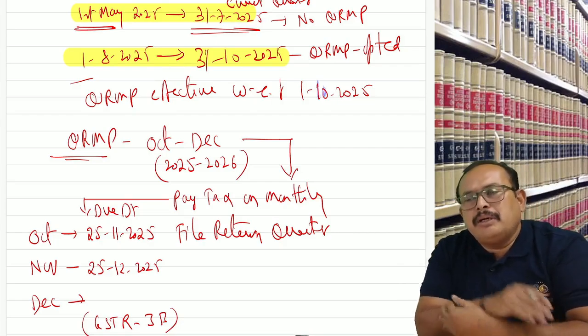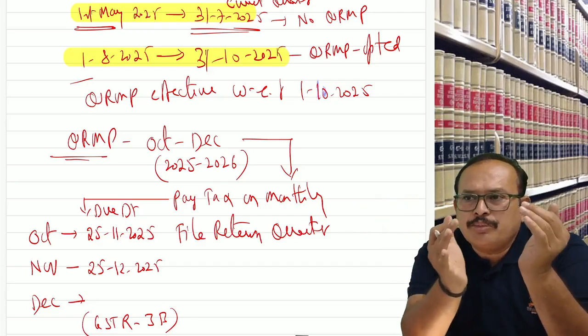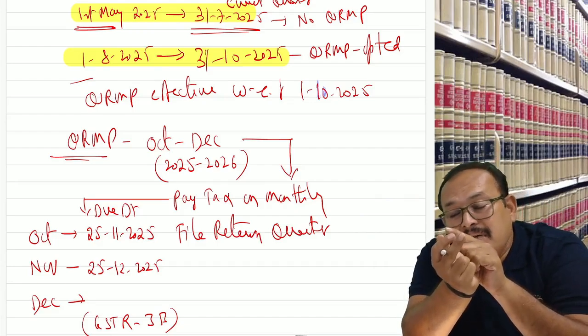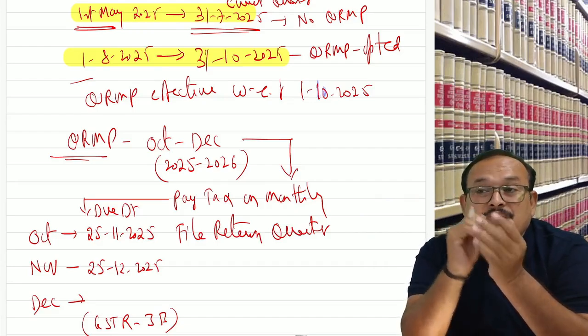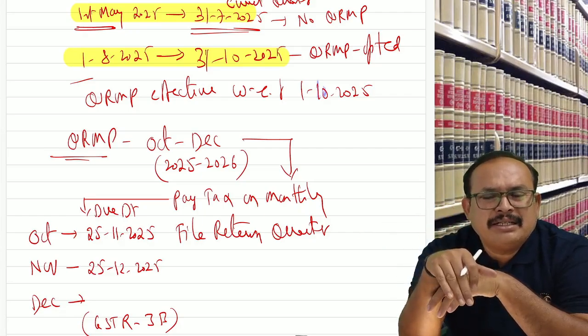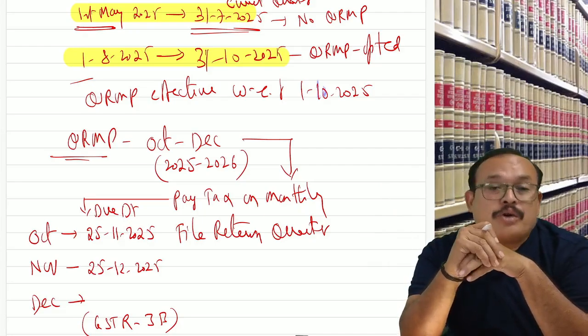The law here bifurcated the states and UTs into two groups. One group: 22nd of the following month from the end of the relevant quarter. For a few states, especially northeastern states, 24th of the following month from the end of the quarter.